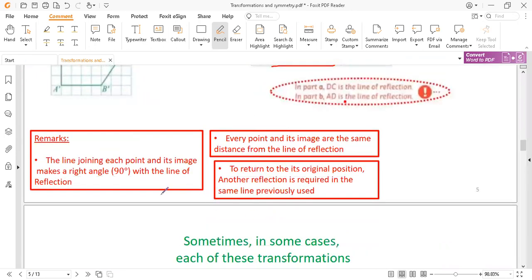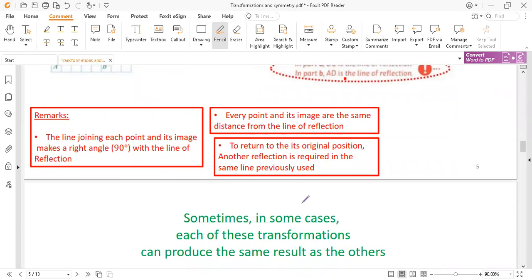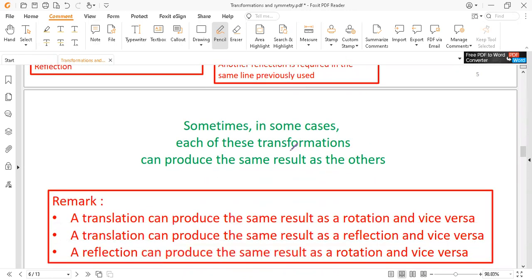The line joining each point and its image makes a right angle, 90 degrees, with the line of reflection, and every point and its image are the same distance from the line of reflection. To return to its original position, another reflection is required. So if we do the reflection 2 times consecutively, we obtain the original one.